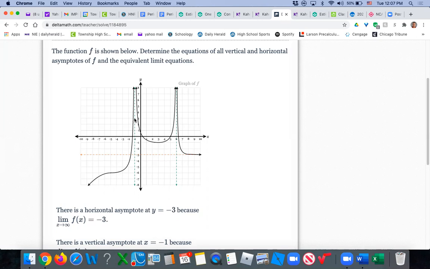On the left side of -1, the function is going up towards infinity. And on the right side of -1, the function is going up towards infinity. And so it is all one function, and they're both going towards the same spot. And so that is your limit. Your limit as x approaches -1 would be infinity, because f of x goes to infinity.